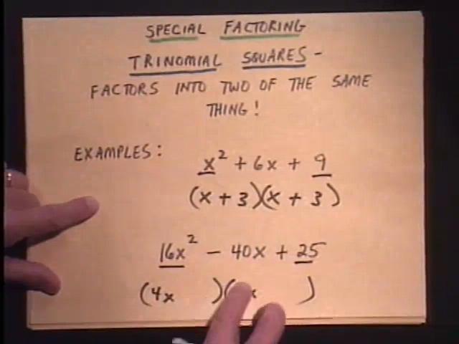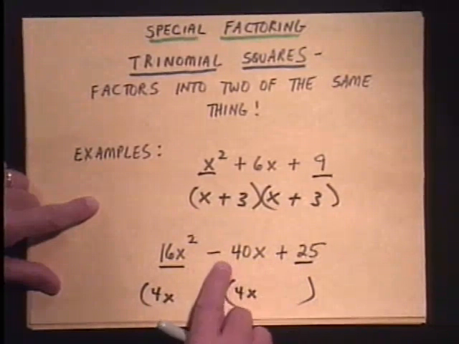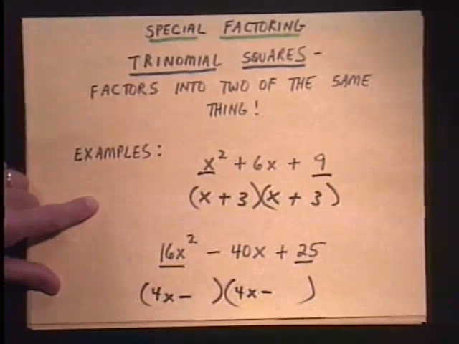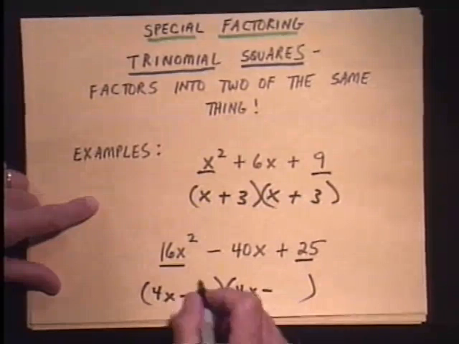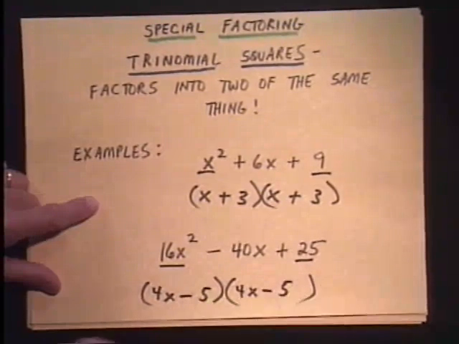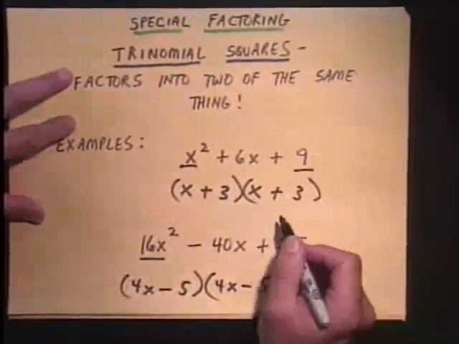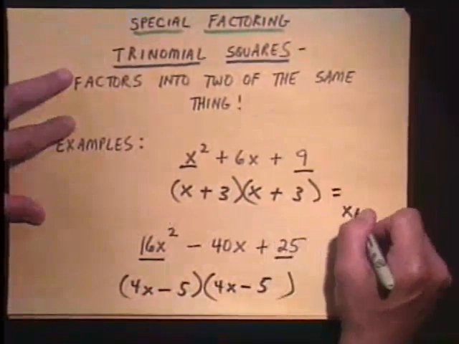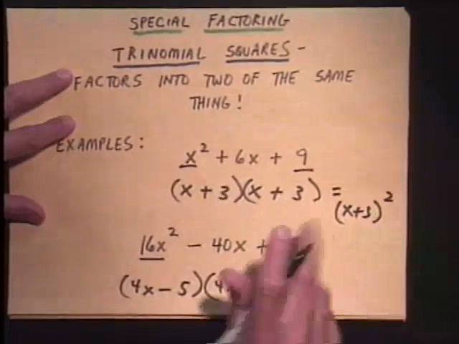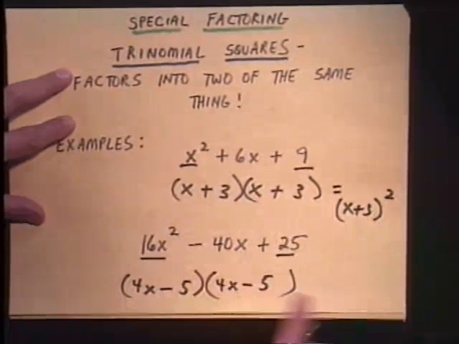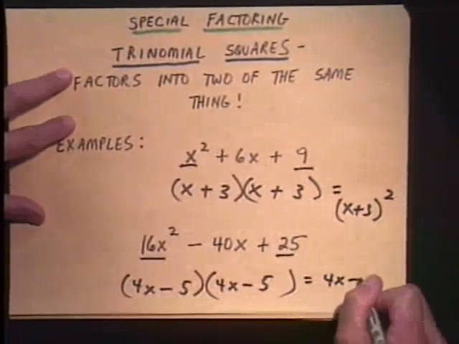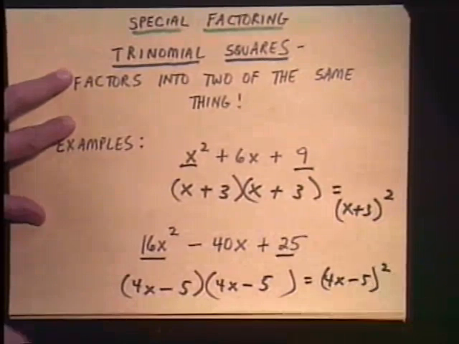So in this case, since we have a plus on the end and a minus in the middle, I think we're going to have to go with minus minus there. And then what to get the 25? 5, 5. And again, we can write both of these answers sophisticatedly. Like when you look in your algebra book, this first one might say x plus 3 quantity squared because there's two of them. Or this one might say 4x minus 5 quantity squared.